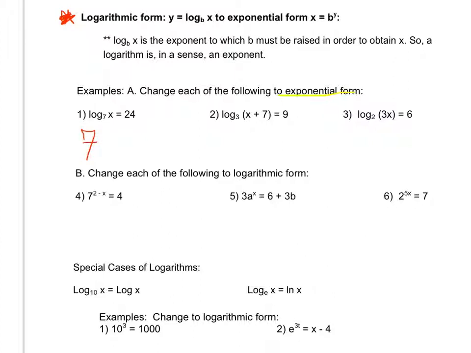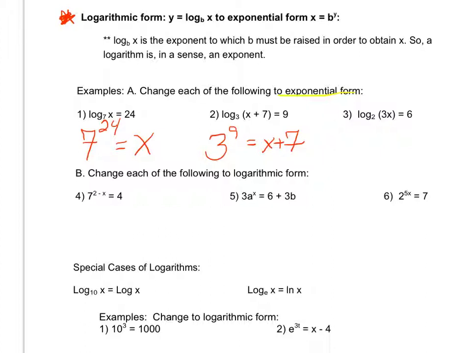I'm going to raise it to whatever my logarithm is equal to, and set it equal to whatever I'm taking the logarithm of. I'm going to do the same thing for example 2. Of course, I could put this into my calculator and actually solve it, but right now I'm not solving. Doing the same thing on example 2, I'll keep my same base, raise it to whatever the logarithm is equal to, and set it equal to whatever I'm taking the logarithm of.